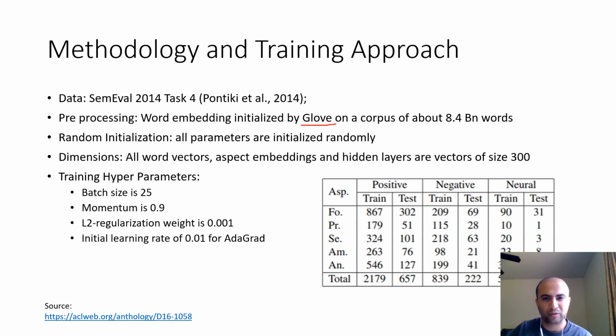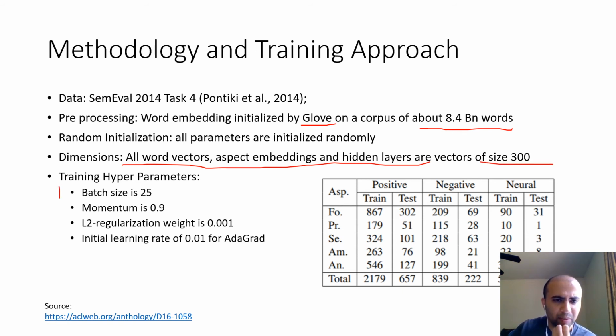That is outside the scope of this paper, so I'm not going into that, but it was trained on a corpus of about 8.4 billion words, which means that it would have learned the embeddings very well. All the parameters that we listed two slides before were initialized randomly. And all word vectors, aspect embeddings, and hidden layers are vectors of size 300.